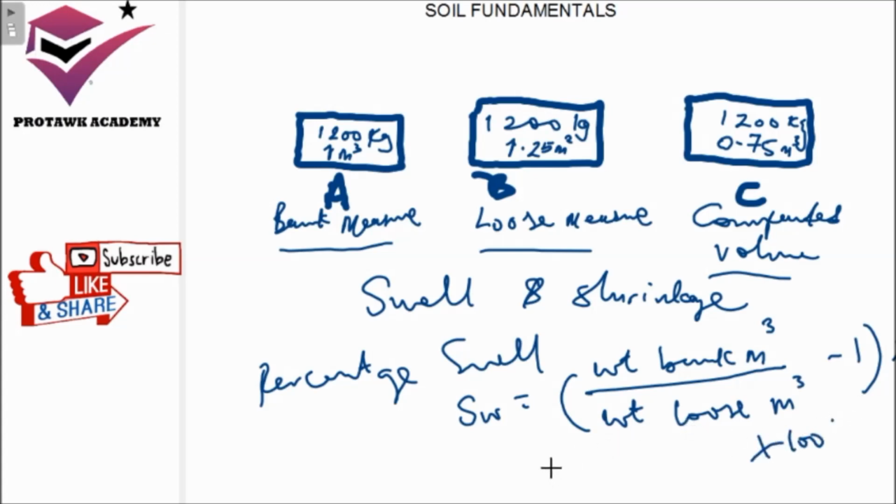So that will give us percentage swell: the weight of bank soil, that is soil in its original form, over the weight of the loose, minus 1, times 100. Or we can also express this as 1 over load factor, minus 1 in bracket, multiplied by 100. So we're expressing it in percentage. That is our percentage swell.